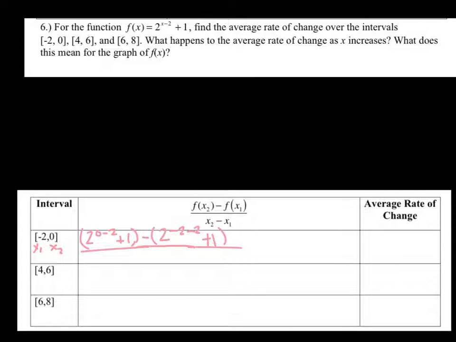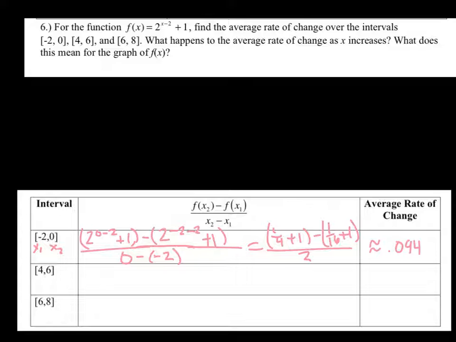Then your denominator will just be x sub 2 minus x sub 1, so 0 minus negative 2. I would evaluate this and get 1/4 plus 1 minus 1/16 plus 1, all over 2. I would plug that into the calculator, and instead of leaving it as a fraction, I'll get a decimal, approximately 0.094. You can leave it as a fraction, that's fine.